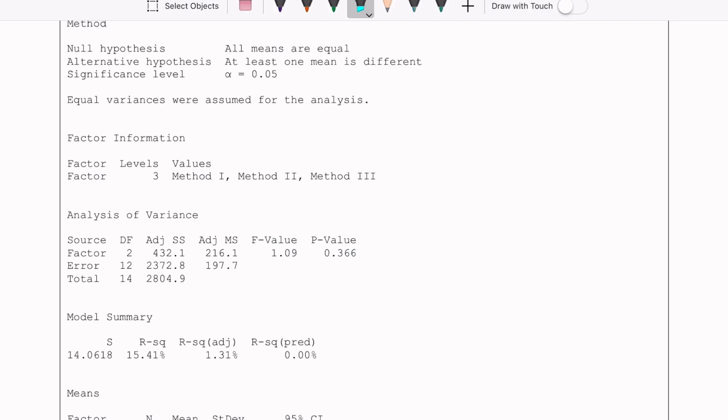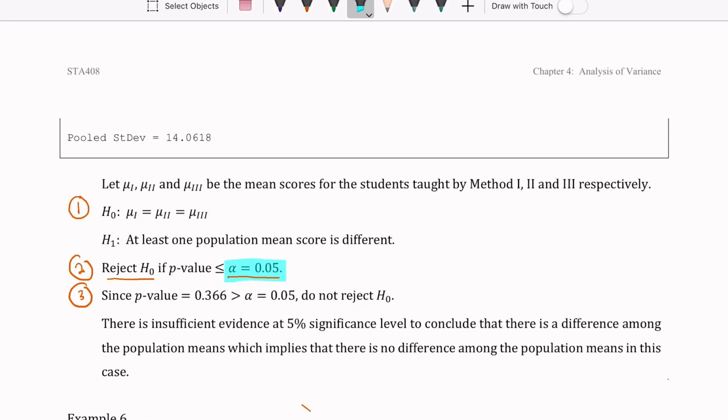Based on the output, the p-value is 0.366. Next is to compare your p-value with the alpha. Since your p-value 0.366 is greater than your alpha value 0.05, then we fail to reject H0, or we do not reject H0.